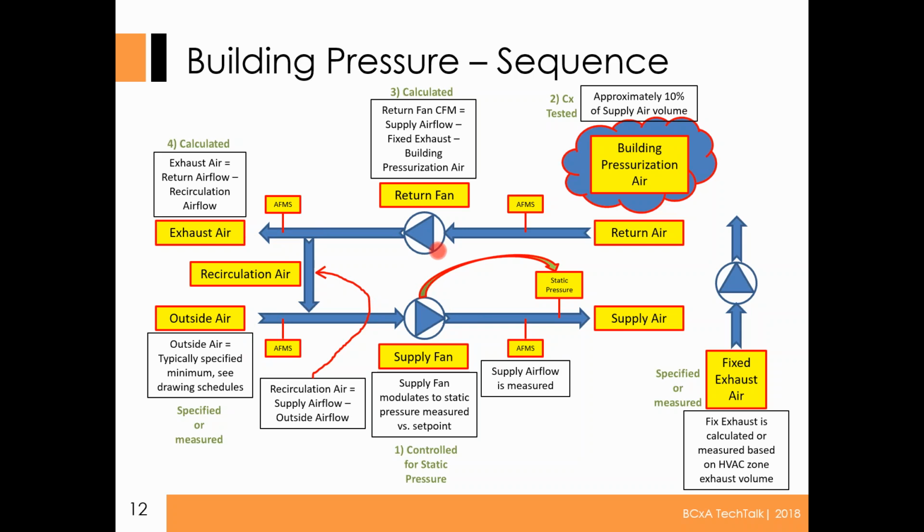That tells me we're not asking this return fan to do enough work. It means we may be leaving too much air in the building. It may mean we have an issue with where we're measuring our building pressure: sensing location, accuracy, calibration, etc. That's not a healthy condition if the return is doing so little that you're sucking air in the exhaust.